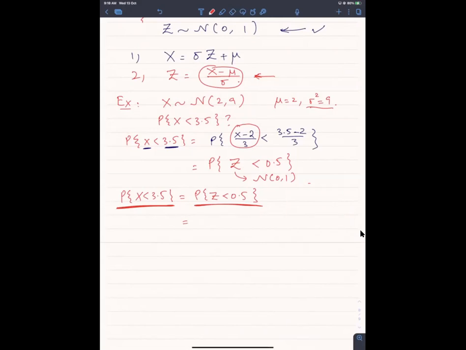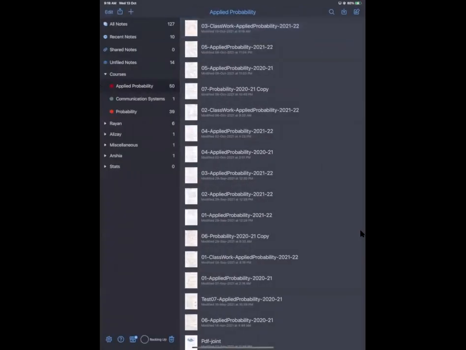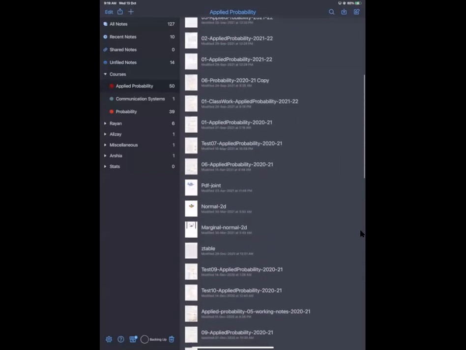इसके टेबल मिल जाते हैं. And this is sometimes written as phi of 0.5, which is the same as F_Z of 0.5, the CDF of Z. ये notation है जो phi अक्सर लिख देते हैं. And from the table, you can see that this will turn out to be 0.6915. So I may have a table here. Let's see.